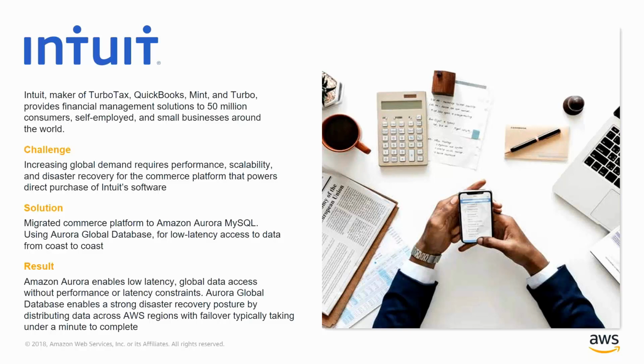They were looking for a disaster recovery solution that would look something similar to what we have with global databases, right? And so they were able to migrate their commerce platform to Aurora MySQL using Aurora Global Database, and they now have a coast-to-coast disaster recovery solution with that, 1 minute RTO, 1 second RPO, right? So very powerful with one of our customers here.